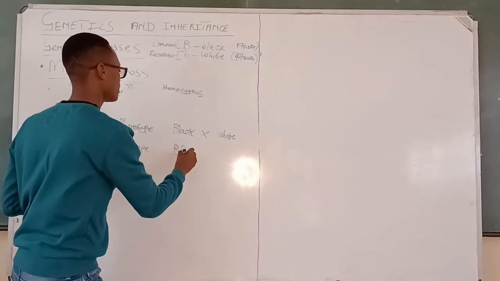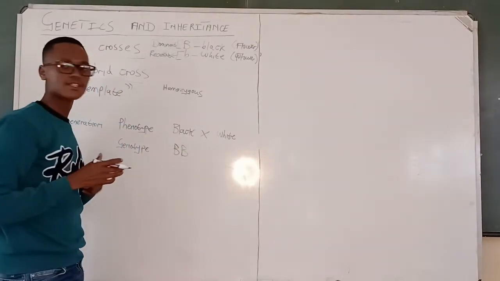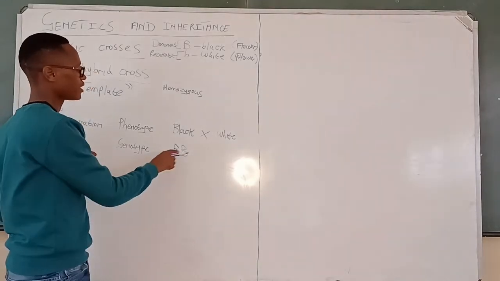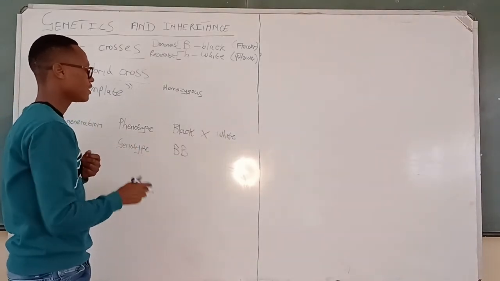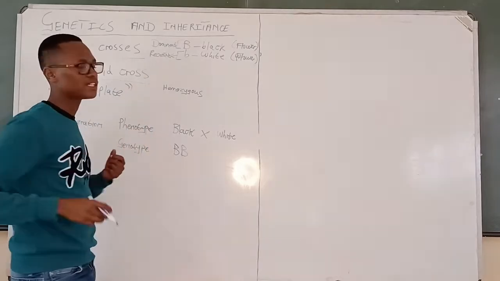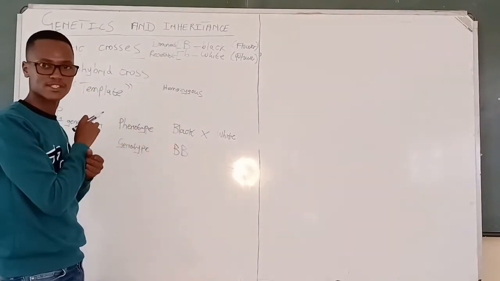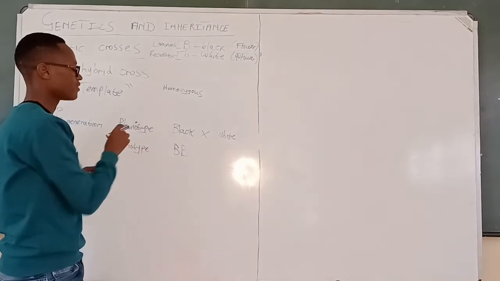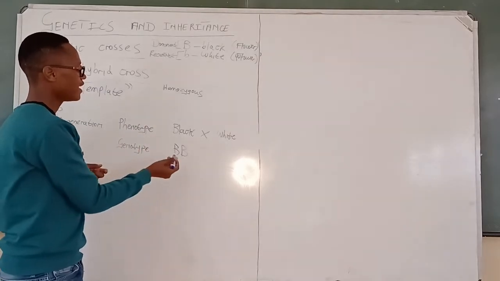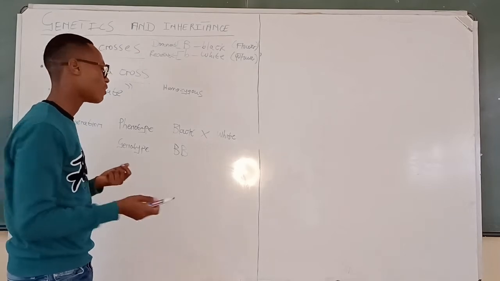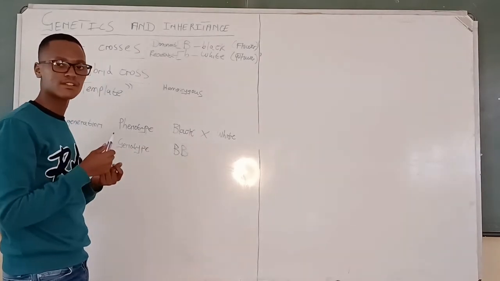It has capital letter B's for black, and remember that black is dominant over white. A dominant allele is an allele that is going to influence the phenotype, the physical appearance. This one is going to influence the physical appearance, meaning if we have this at the end, automatically our offspring will be black.